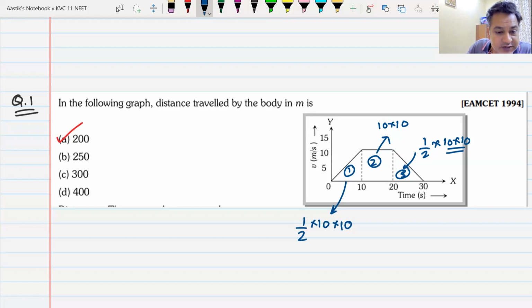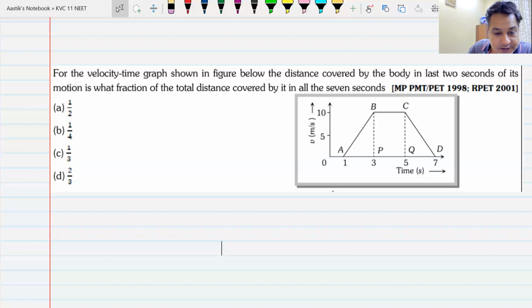Comes the next question. Remember, the language of the question may be different at different times, but we are supposed to do the same thing always. So here is the question that comes. I hope you would be able to solve this and tell me the answer.